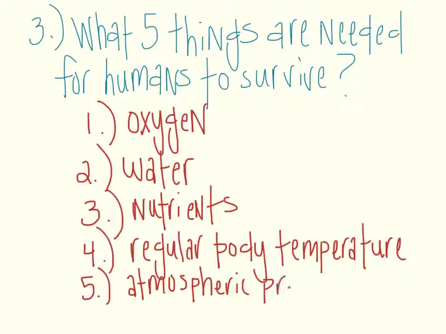So this is the idea that we couldn't live on the top of a massive mountain. The oxygen would not be present enough, the pressure would be too great, and we wouldn't be able to breathe. So we got to have oxygen, water, nutrients, a stable or regular body temperature, and proper atmospheric pressure.